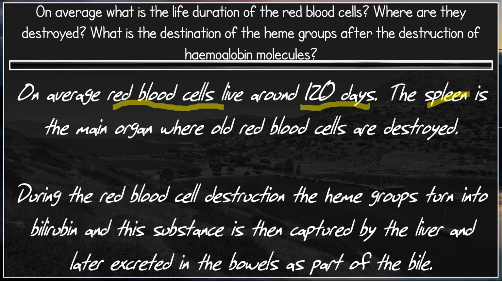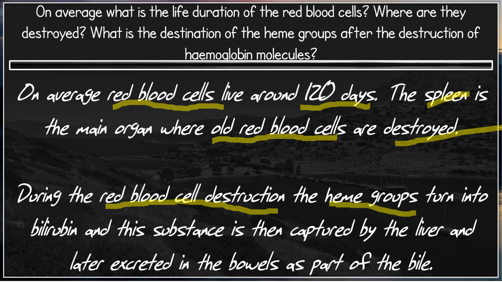Spleen is the main organ where old red blood cells are destroyed. During the red blood cell destruction, the hemoglobin turns into bilirubin, and this substance is then captured by the liver and later excreted in the bowels as part of bile.